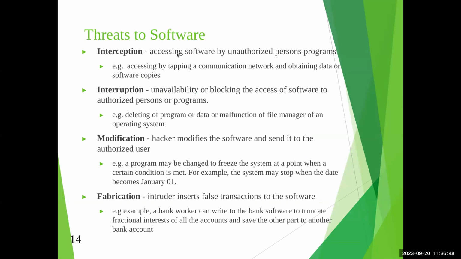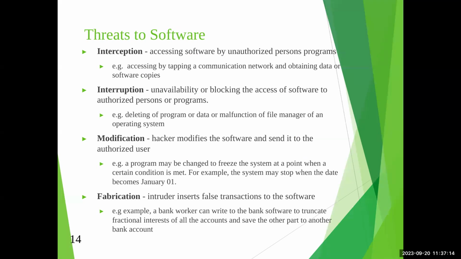Interception: accessing software by an unauthorized person's program, accessing by tapping the communication network and obtaining data or software copies. The hacker does not do anything, but accesses the data between the user and the software.